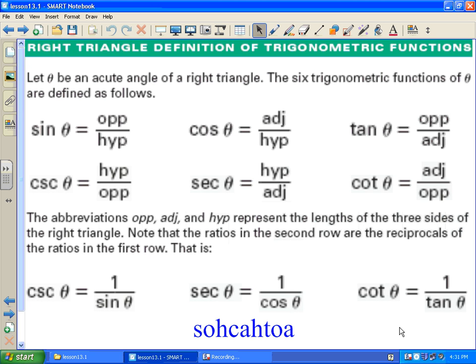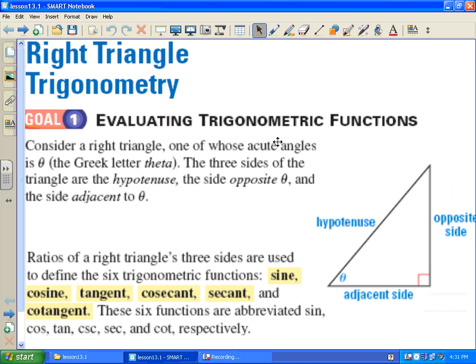So here you can see what those definitions are. I just said previously the sine of angle theta is the length of the opposite side divided by the hypotenuse. The cosine of angle theta is defined to be the length of the adjacent side divided by the hypotenuse. So if I go back to the previous slide, the cosine of this angle theta is the length of the adjacent side divided by the length of the hypotenuse.